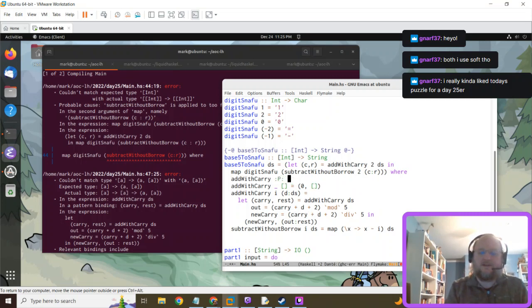Add with carry is from a list of integers to an int and a list of integers.